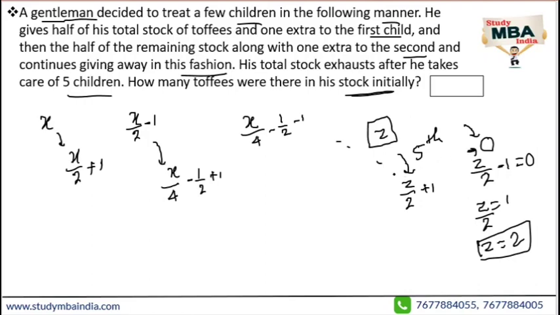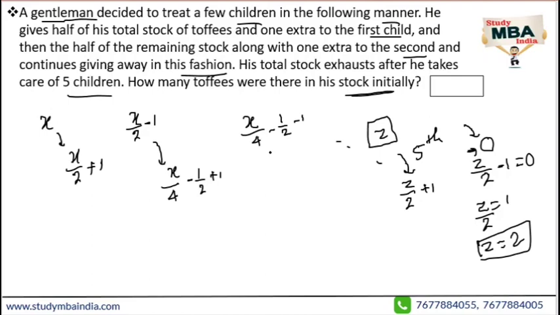Can you figure out the pattern here? From the last child to the previous remaining amount, the 1 goes to the other side, so it is plus 1, into 2. Similarly, we'll solve this question in reverse order.